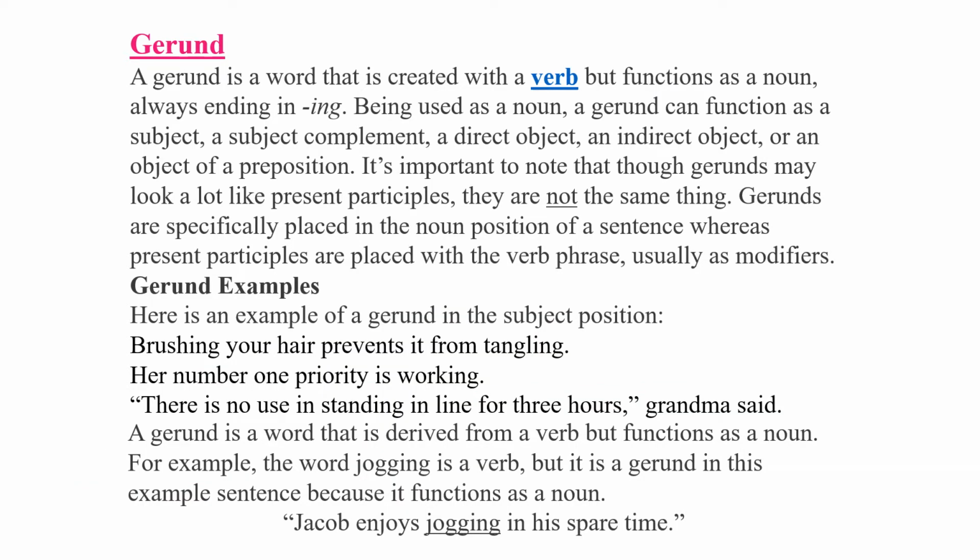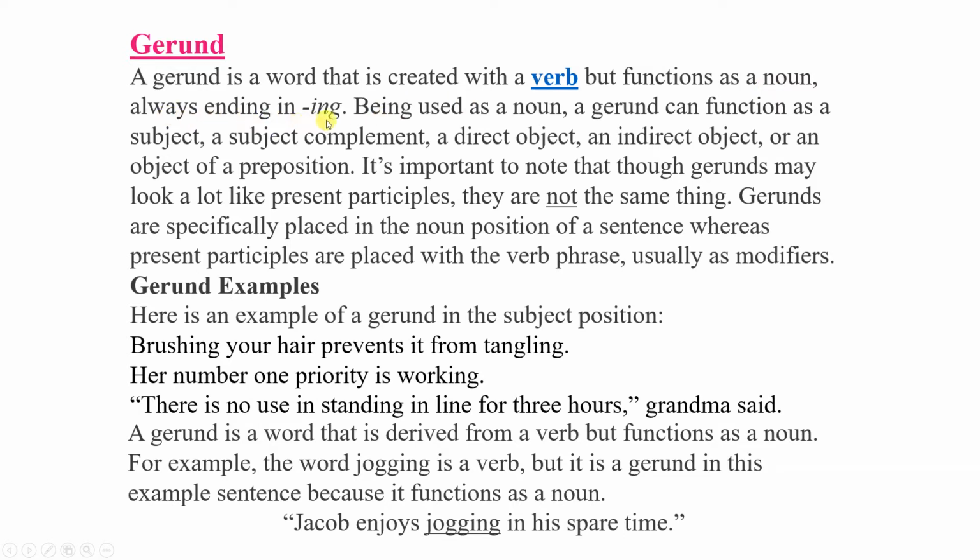A gerund is a word that is created with a verb. That means gerund has relation with verb, but it functions as a noun. That is very important. When any verb is functioning as a noun, it is called a gerund.